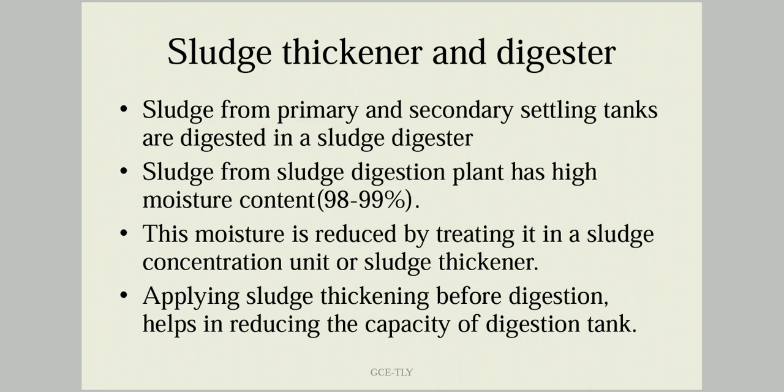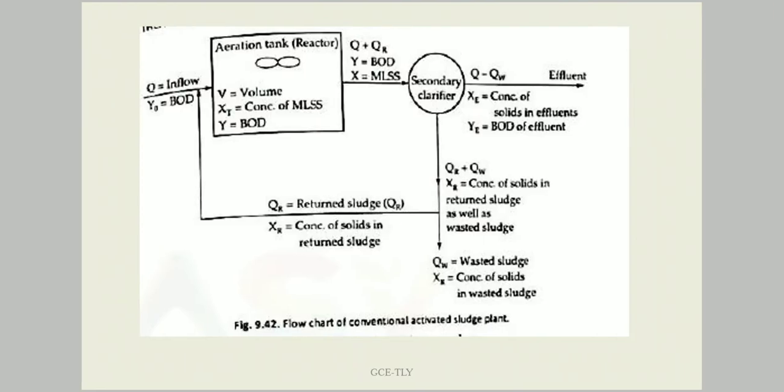Here you can see the flow process of a conventional activated sludge plant. The inflow and BOD are fed into the aeration tank, which is also called a reactor. This may be a batch reactor or a continuously stirred tank reactor, but here it is a CSTR, that is, a continuously stirred tank reactor, because we mix it continuously. Here you have a double ellipse, which shows stirring.